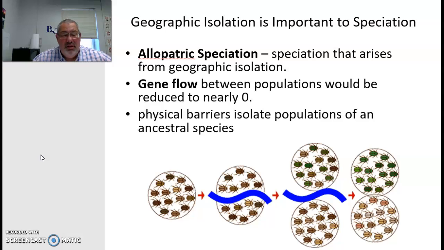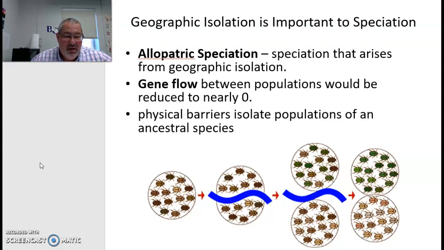The mating between those subpopulations is reduced to near zero, and movement of genes between these isolated populations is thought to be reduced to near zero. Different characteristics might develop, including mating characteristics, mating behaviors, maybe even physical characteristics of the organisms themselves, based on the genetic diversity in those populations when they were isolated.